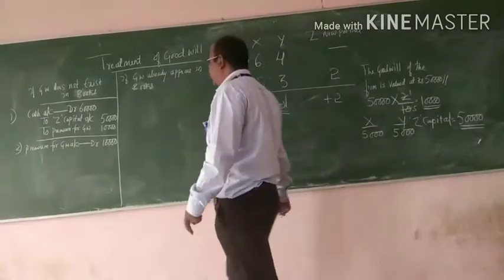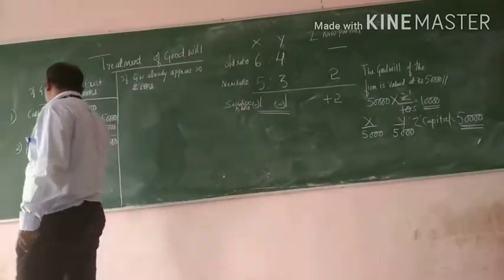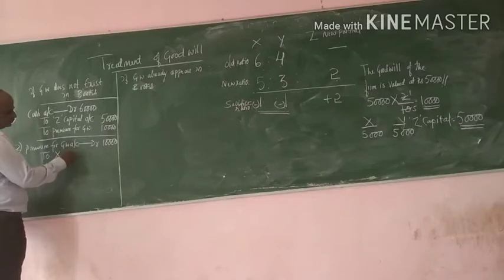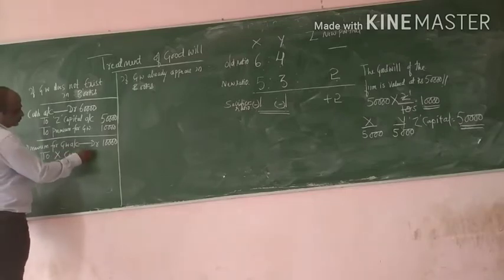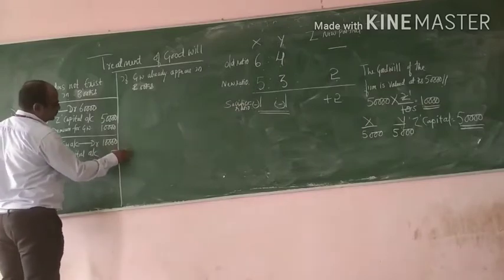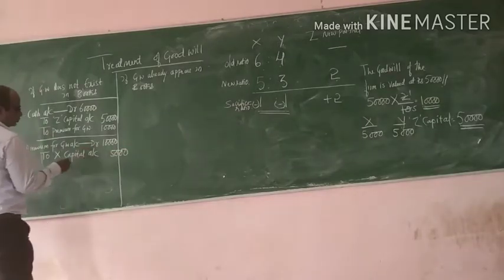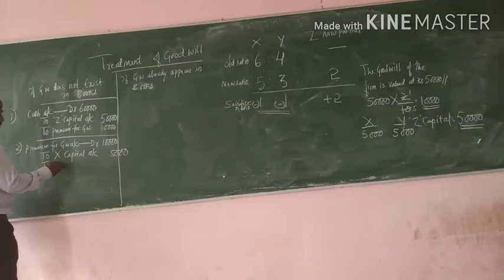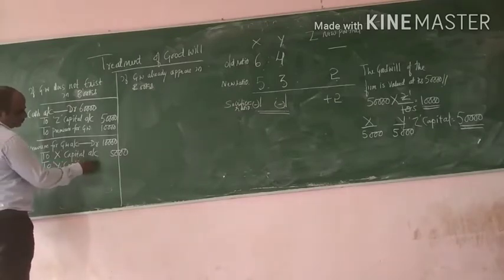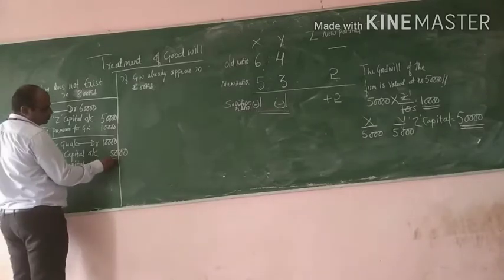So the sacrifice ratio is how much? 1:1. To X capital amount 5,000, to Y capital amount 5,000.